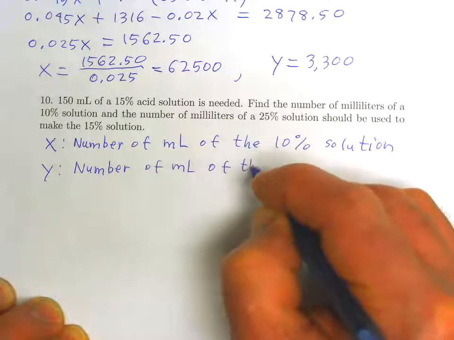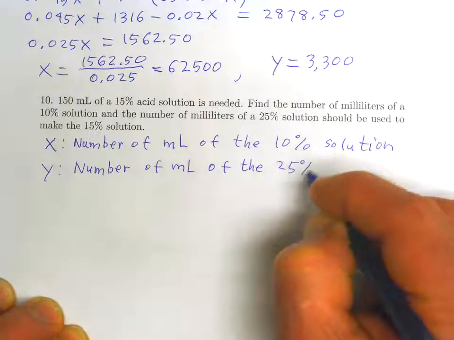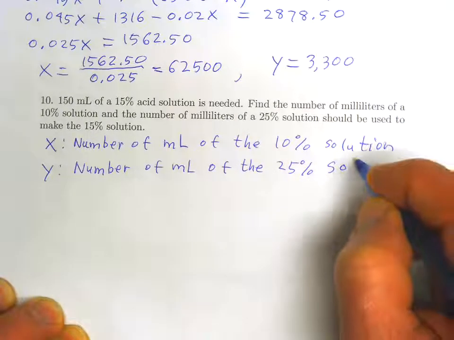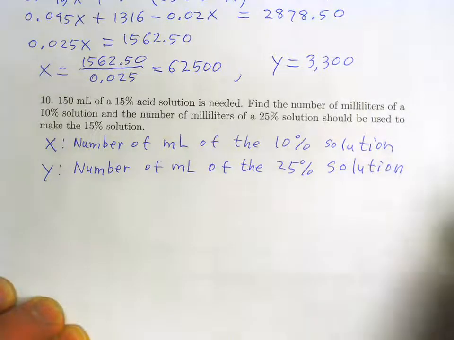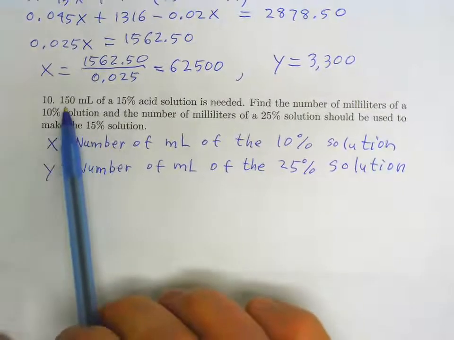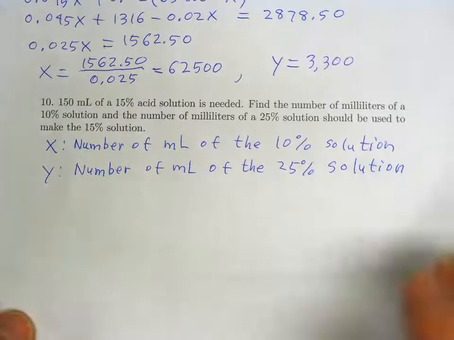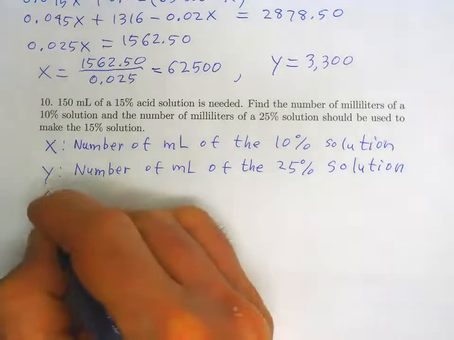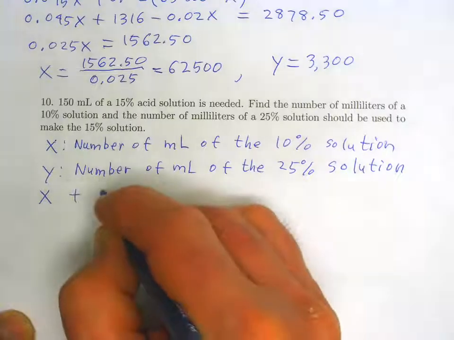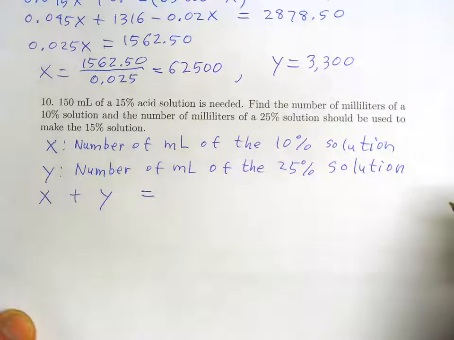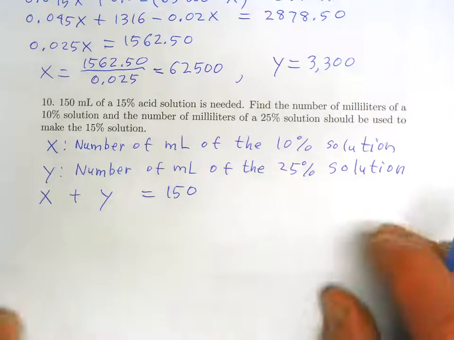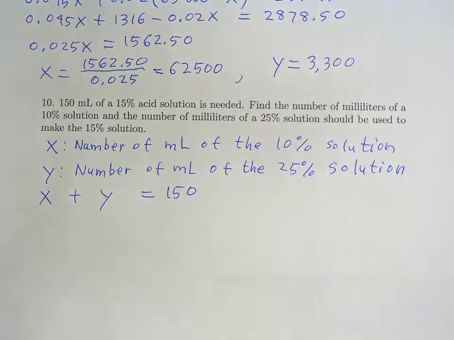those two are going to be combined for a total of 150 milliliters. That's 15% acid. Okay, so our first equation, we just add x milliliters plus y milliliters, and that has to equal 150. And then the mixture is going to be 15% acid.